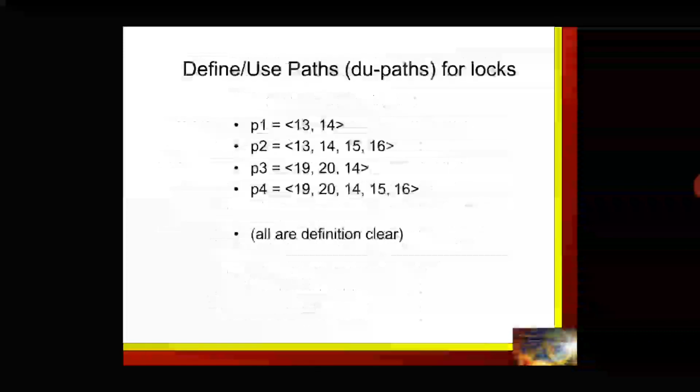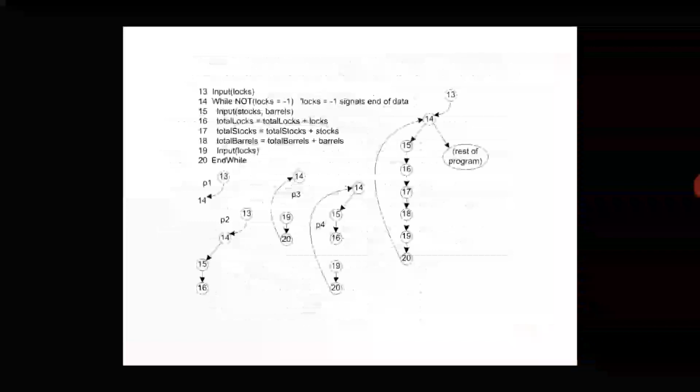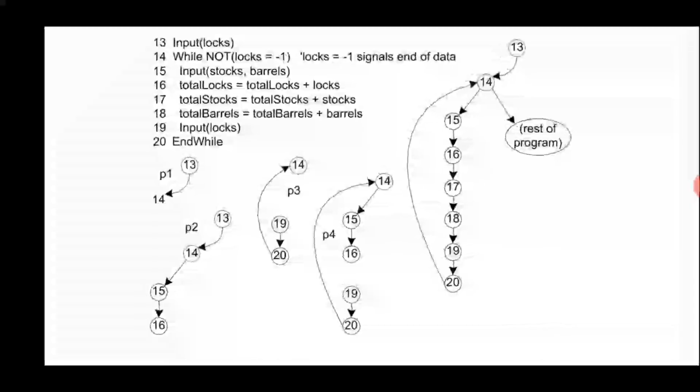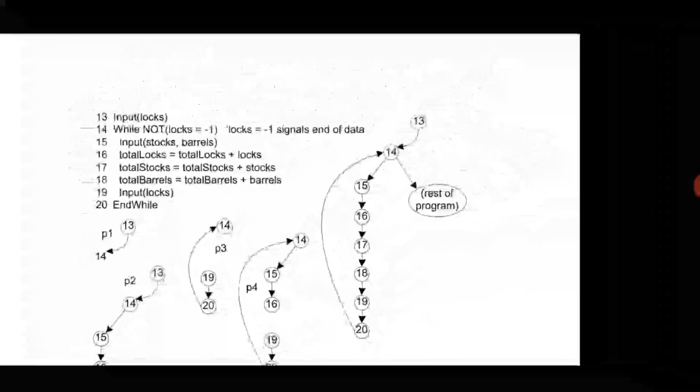In this case, I have 4 paths for lags, right? All are actually definition clear because there is one defined path and only one use path, right? First path you can check here, second path, third path and fourth path. That's why they have clearly given this one.